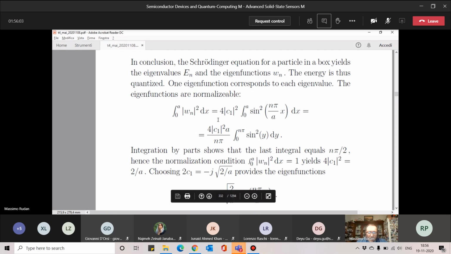We extract all constants. We are left with the integral of sine squared. We renormalize the integration variable. Then we integrate by parts. And what we find is that the integral is equal to n pi over 2.